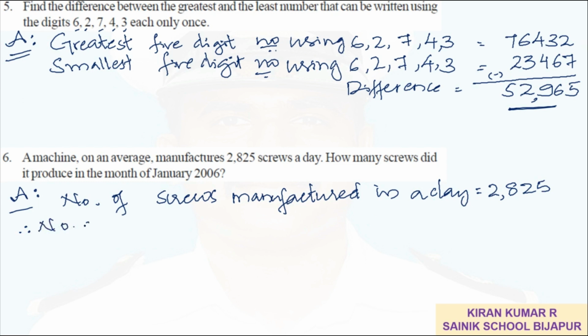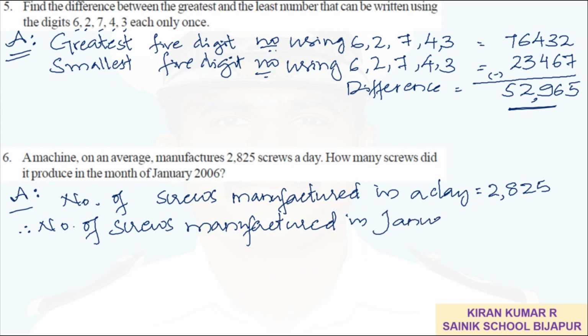Therefore, number of screws manufactured in January will be 2,825 should be multiplied with 31. Keep multiplying that, you'll be getting 87,575. So the total number of screws manufactured in January 2006 is 87,575.